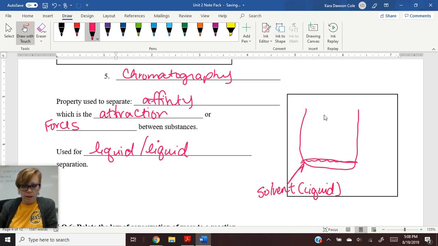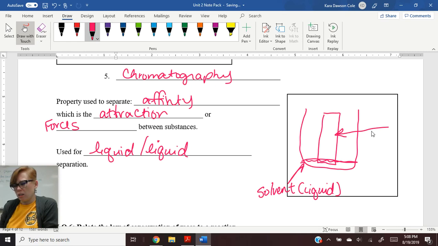And then you have a piece of paper, which is what we call chromatography paper. You can do this with any type of coffee filter, that type of thing. A lot of times we use paper. Sometimes we use silicone sheets, especially in organic chemistry.